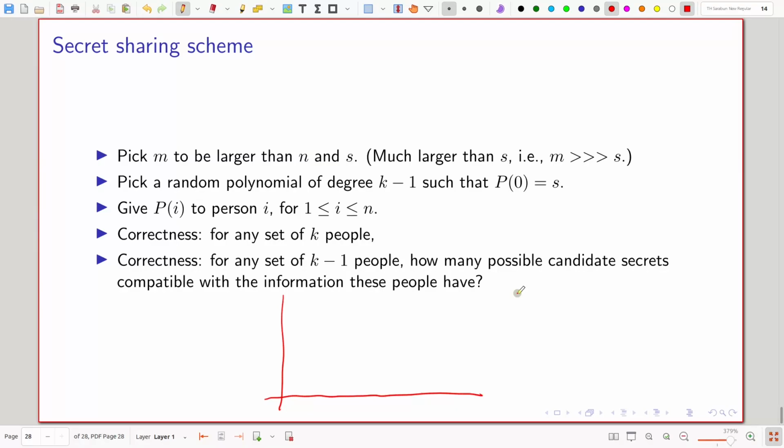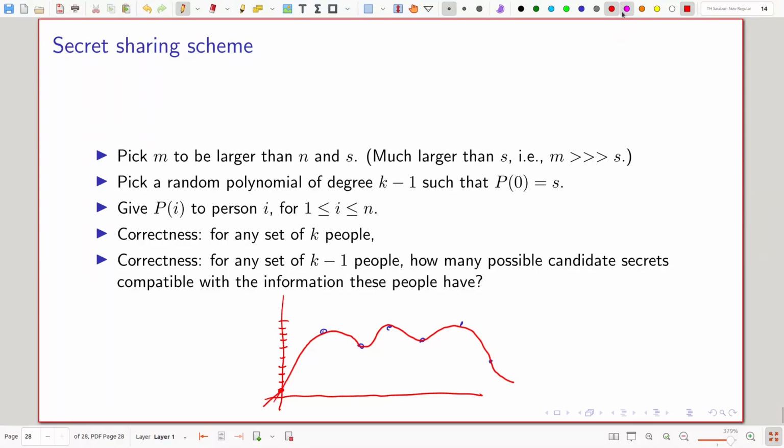So to see that, let's look at this. I'll give you the idea; I'm not going to fully prove it. Suppose there are k minus 1 people, and you know k minus 1 points. Since you only have k minus 1 points, if you look at any possible secret, if we add this point to the set, there will be one polynomial that goes through all these points and passes through this secret.